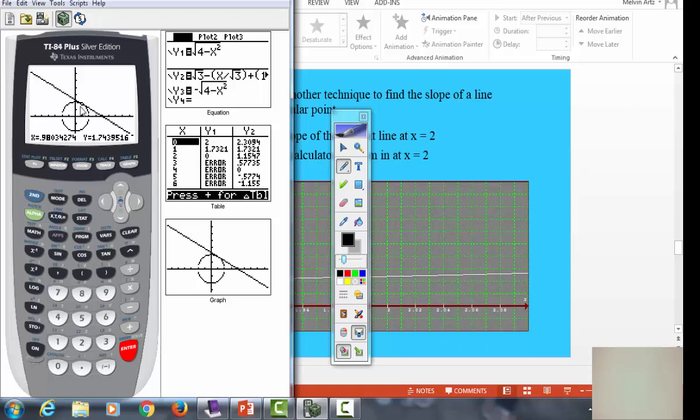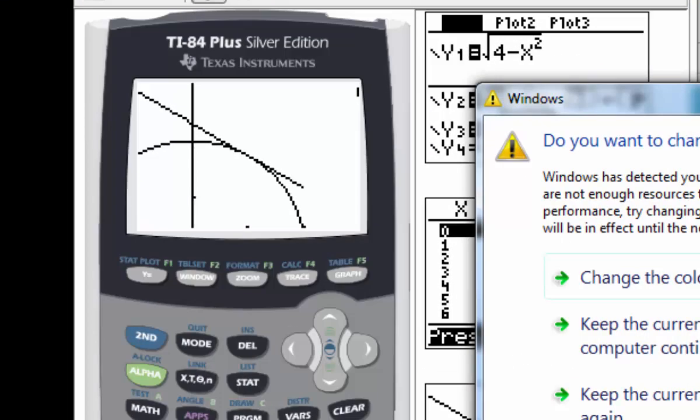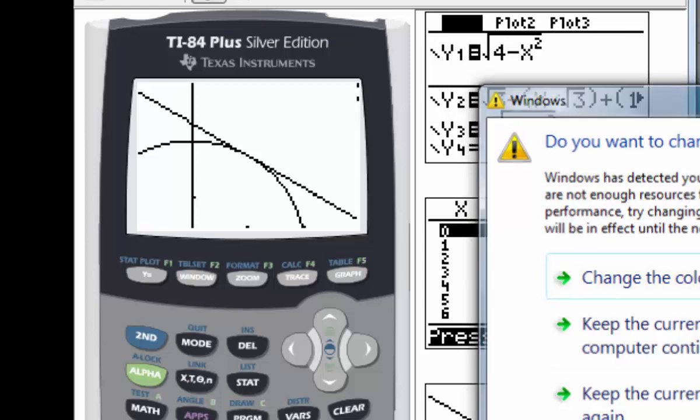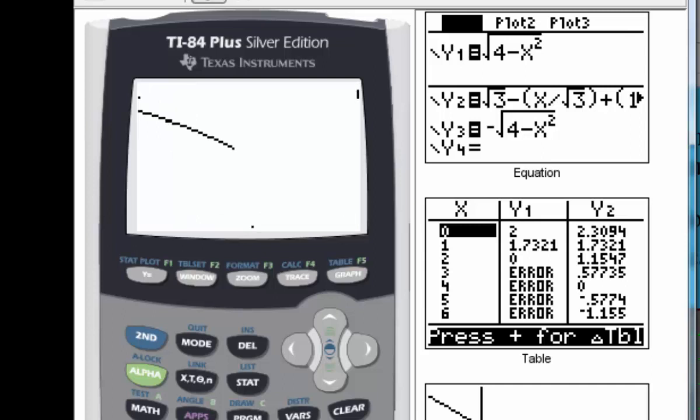You can see the cursor is blinking at that point, so I'm just going to zoom in at that point. Now I'm going to zoom in again. Let's see what happens. So there's the circle, and there's the tangent line to the circle.